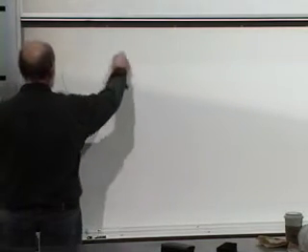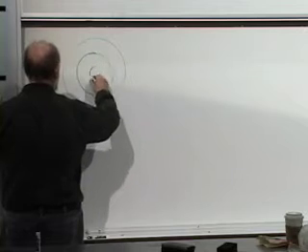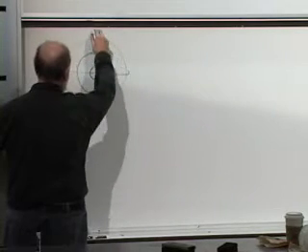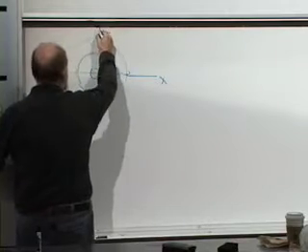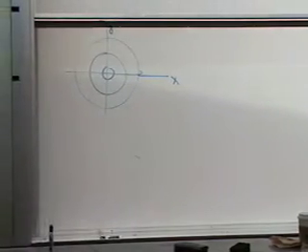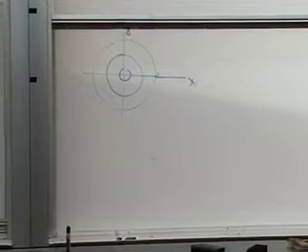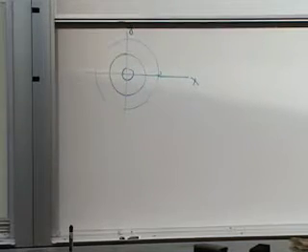Okay, let's go back to circles for a minute. Here's circles. Here's x, and instead of calling this t, I'll call it y. But notice that y is a great deal like time here.